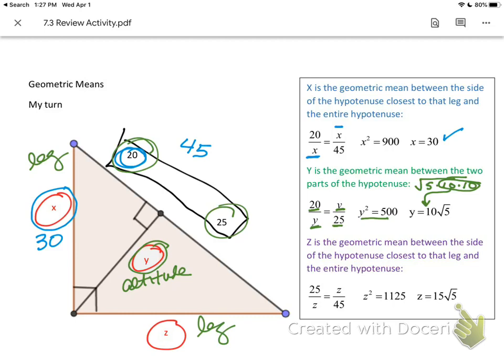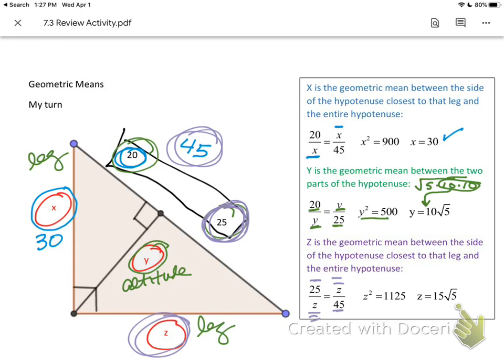Z is also a geometric mean. It's the geometric mean between the sides, so here's z, between the side of the hypotenuse closest to that leg and the entire hypotenuse. So that's why I have 25 and 45 located here and here, and my means always go there. Do your cross products.